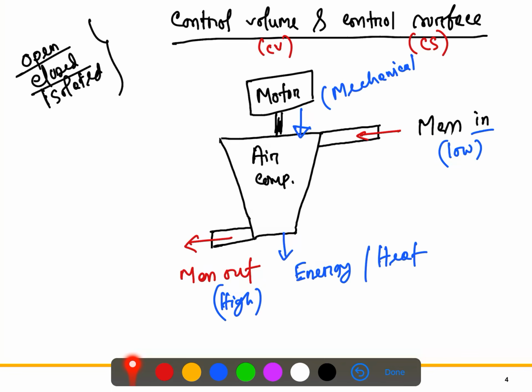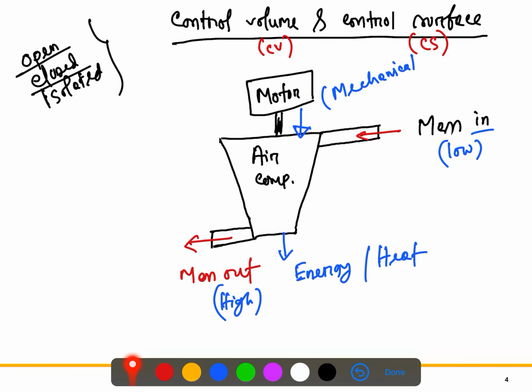If we want to analyze an open system like this air compressor or turbine engines, and there are a lot of engineering applications where we need to use this concept, then we can consider a control volume.